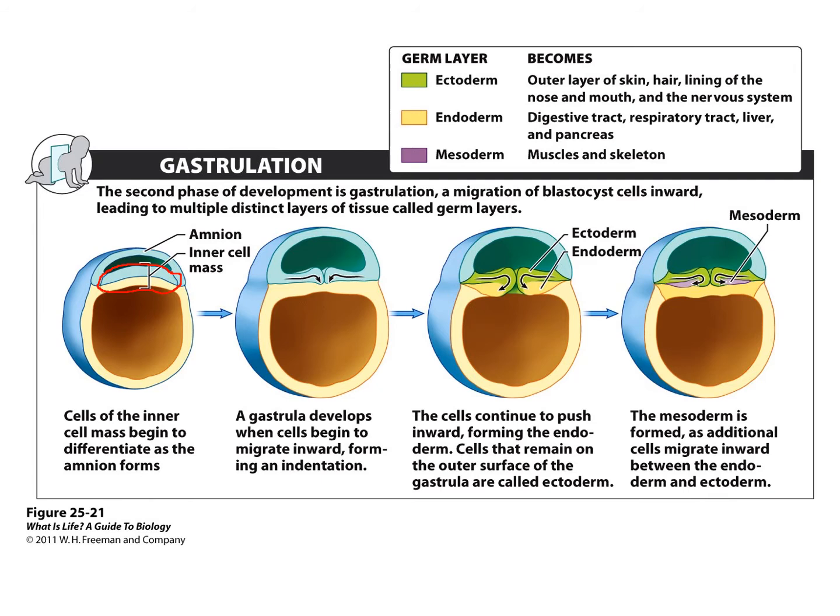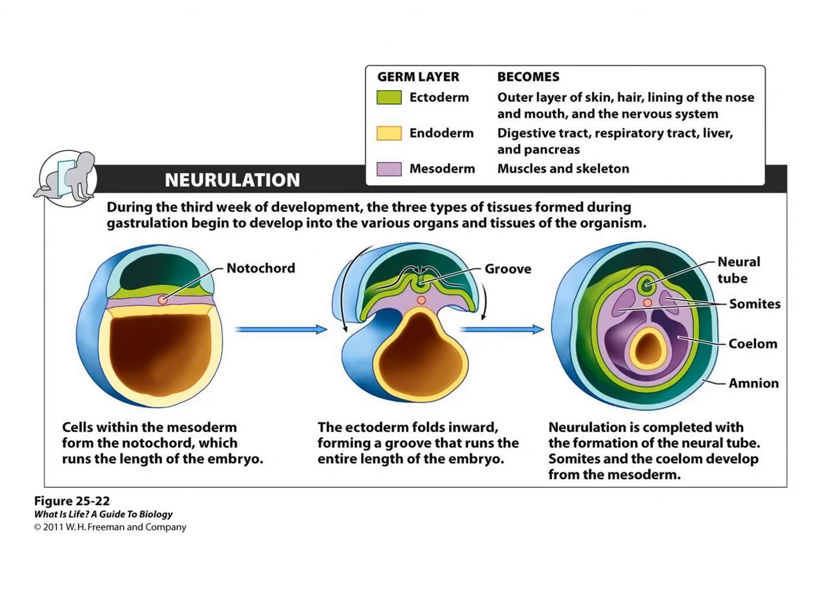So the cells on the outside are going to form the ectoderm. The cells that move inwards and come into contact with that yolk cavity are going to form endoderm. And then a little later on, we're going to have cells in between those two layers that form the middle layer, the mesoderm. Meso means middle. With gastrulation complete, we now have our three primary germ layers.